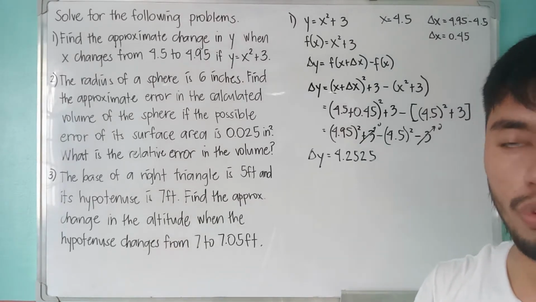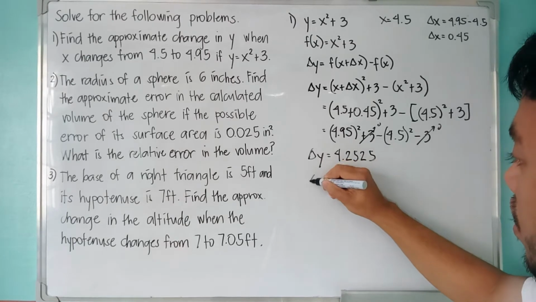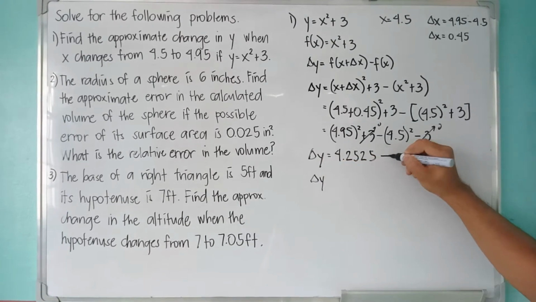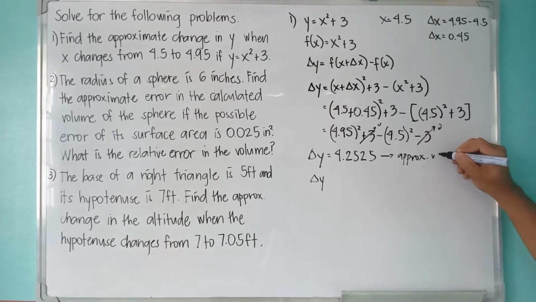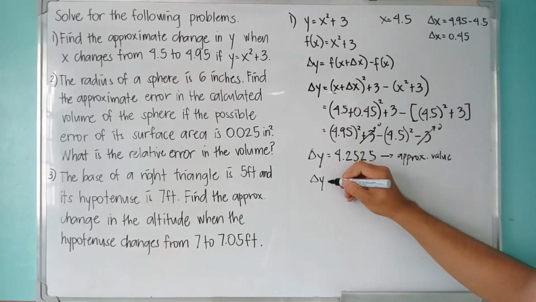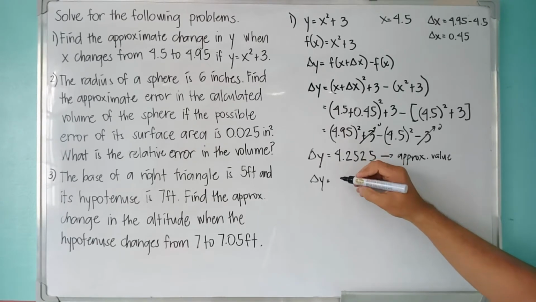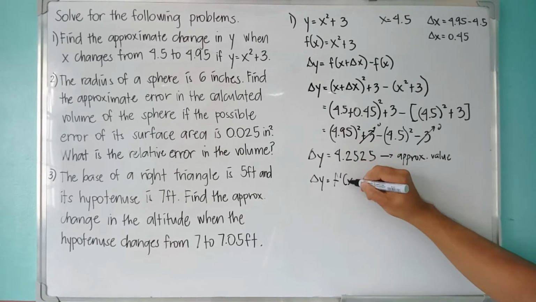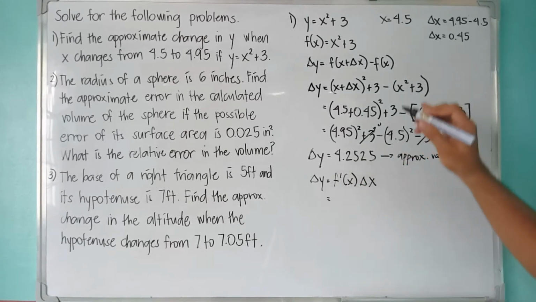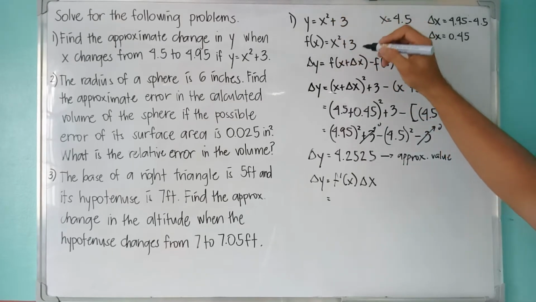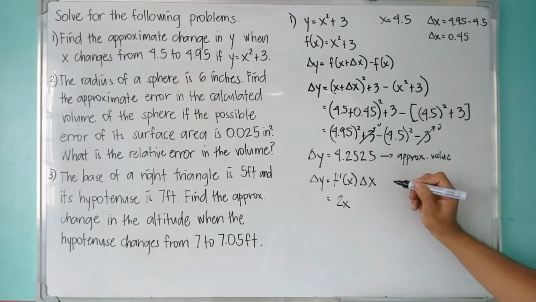So kung halimbawa kukunin natin si exact change in y, di ba yung formula natin is delta y, this is the approximate value. Kung kukunin natin yung exact change, diba? So yung formula natin is f prime of x then multiplied by delta x, diba? So kung i-differentiate natin si f of x natin, meron tayong derivative ng x squared which is 2x, diba?